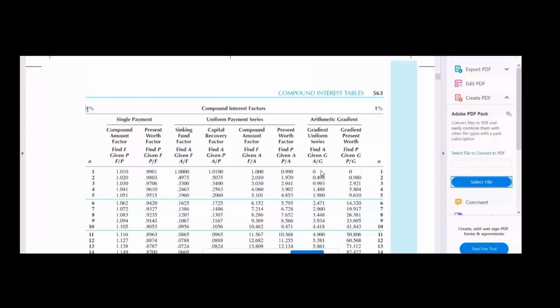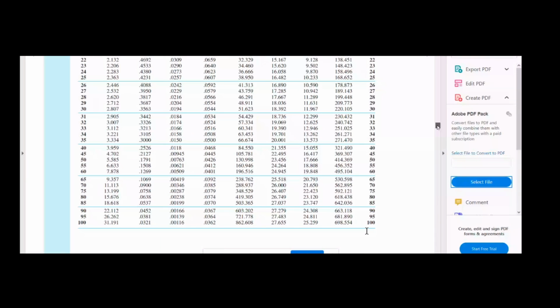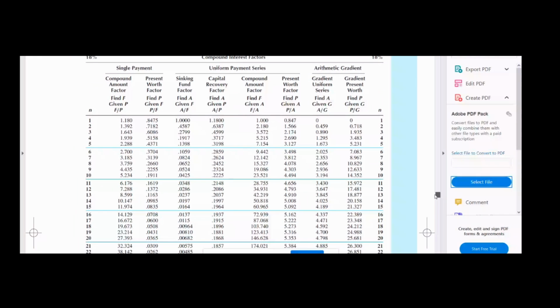So these are nothing but the interest rates. For this numerical, we have to go to that interest rate. 18% is the interest rate which is given for this numerical. So this is that interest rate, 18% you can see here.